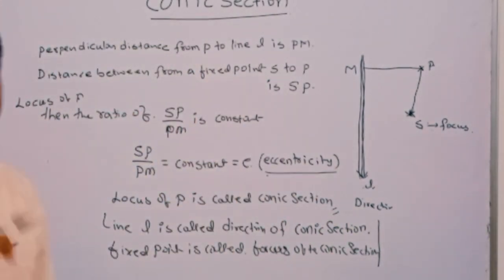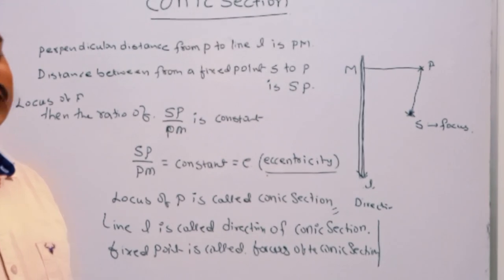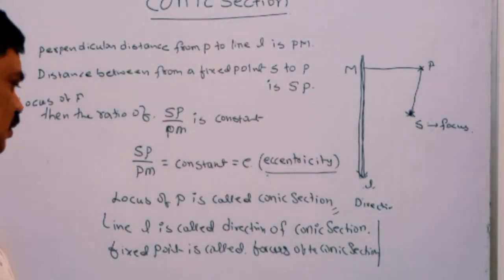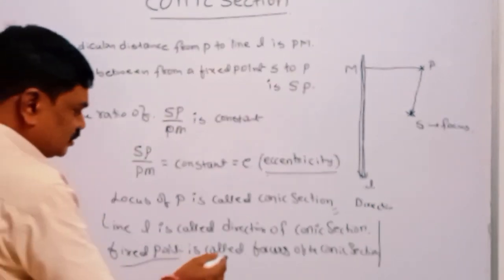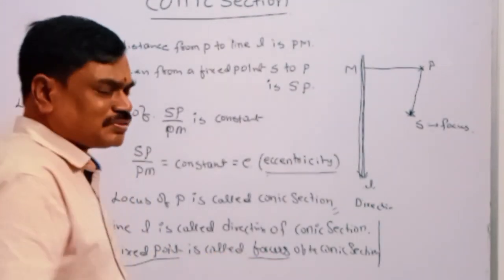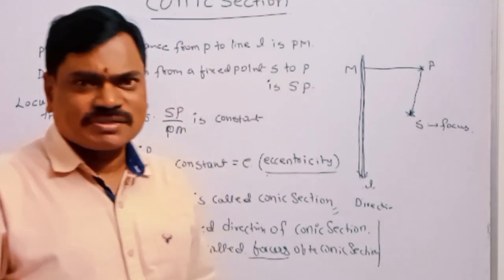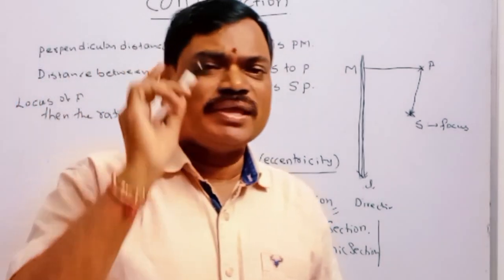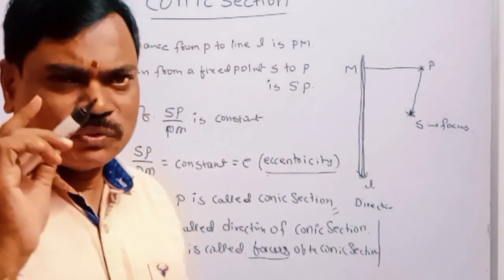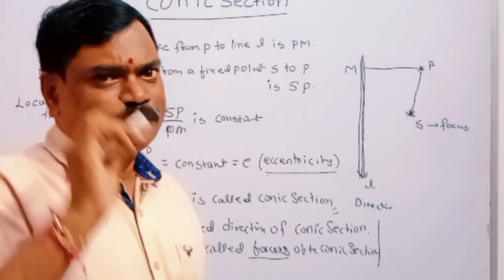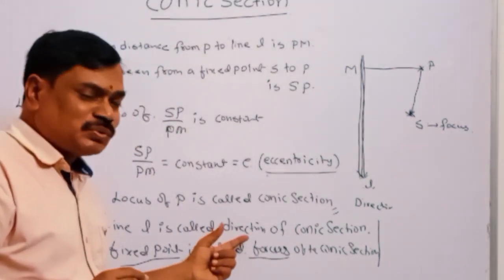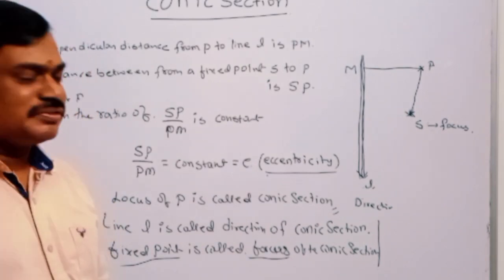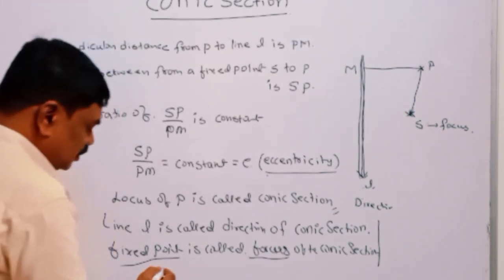In this conic section, two focuses are there, foci. Every conic section has two real foci and two imaginary foci. Like this, two directrices are also there.